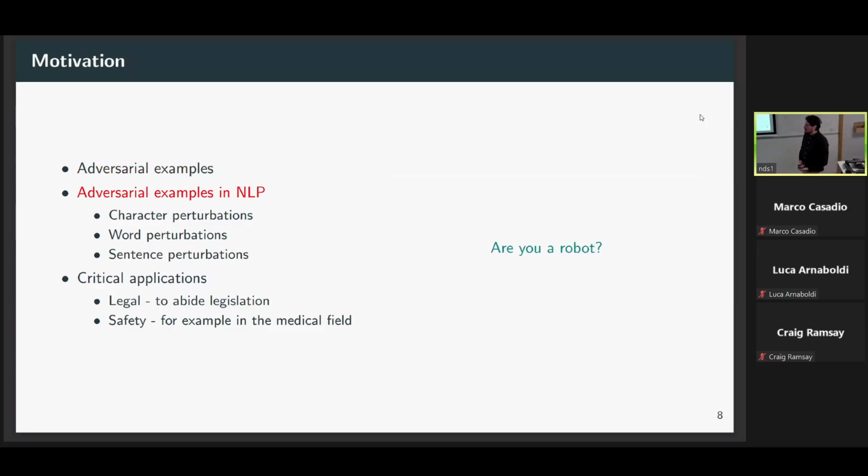Now, what are adversarial examples in natural language processing? As we said, we are working with sentences or words. So we can classify adversarial examples in a few different ways. There can be character perturbations. You can see that a character might be changed, added or removed.